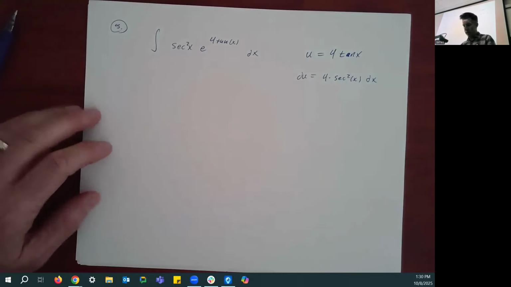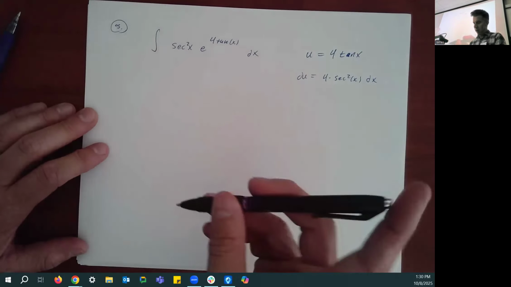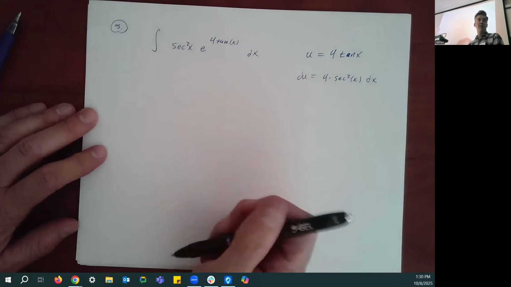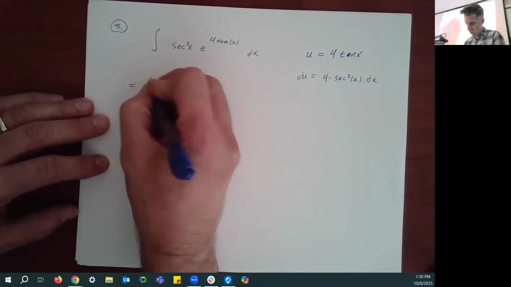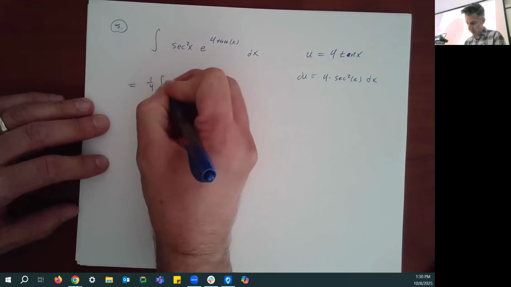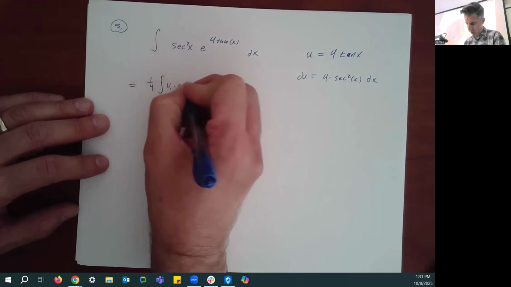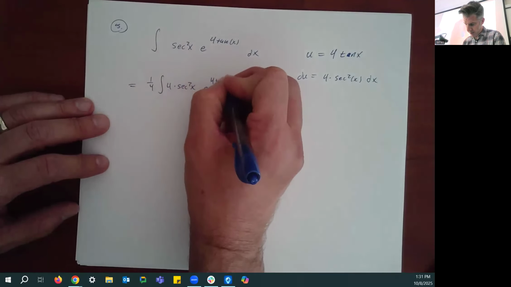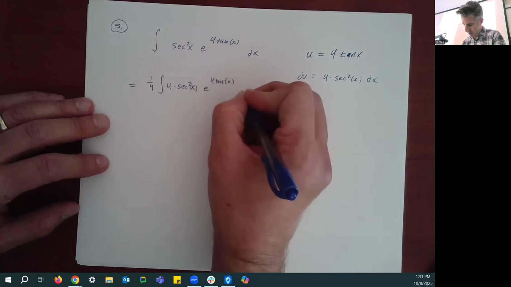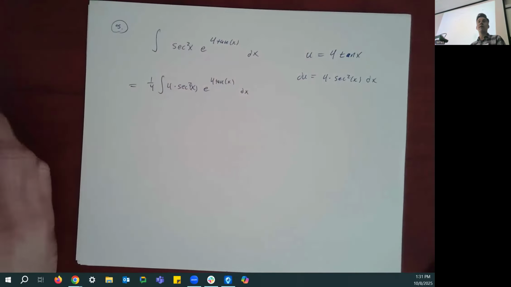Other people might say, I'm going to rewrite my integral by multiplying by 4 and by 1/4. So I can rewrite this as 1/4 times the integral of 4 times secant squared of x times e to the 4 tangent of x times dx. That is equally valid.